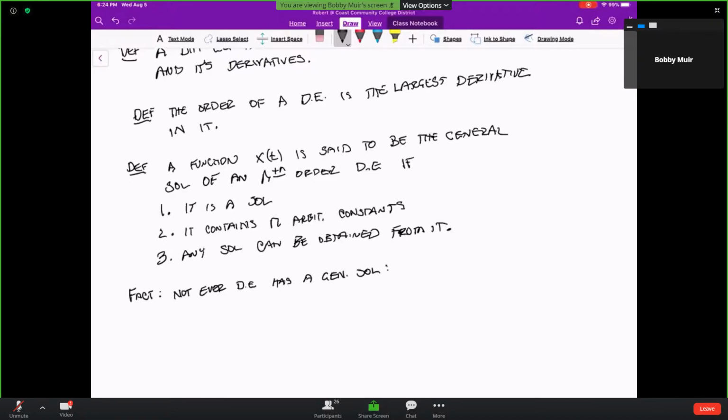Now it's in my 285 notes, which I've got packed away over there, so I'll take a stab at trying to guess it. y prime plus y minus 1 equals 0.